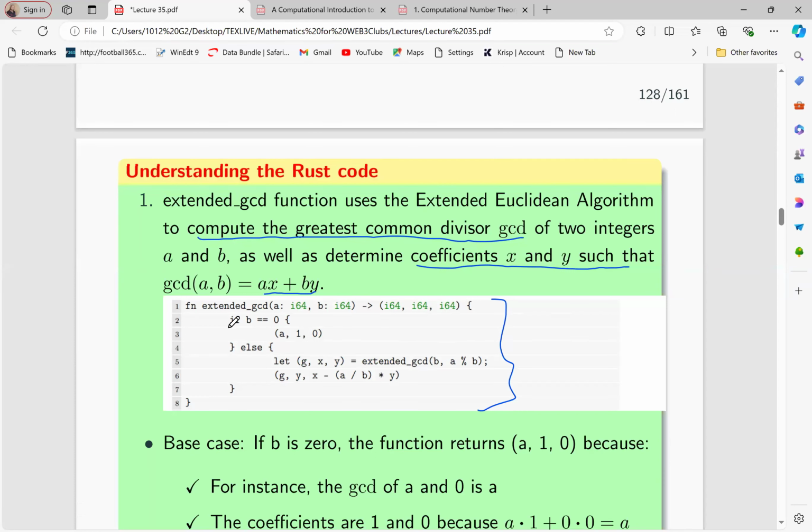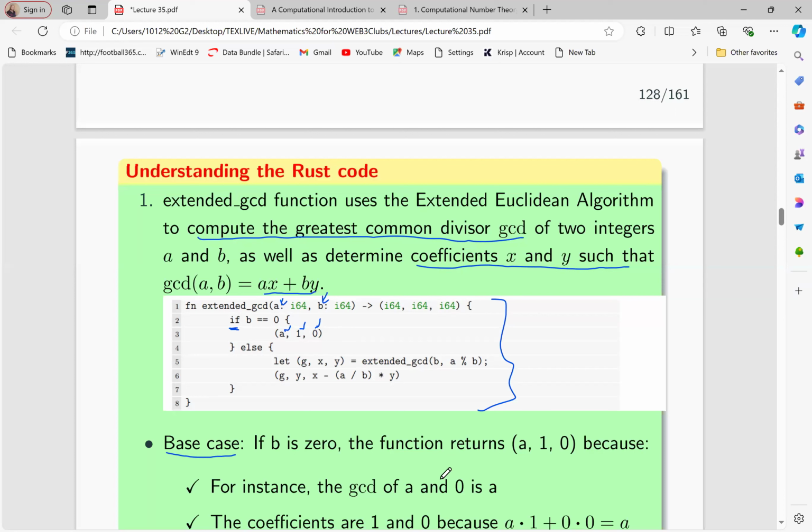But then it begins by saying, if B is 0, we had already explained that if B is 0, M becomes B, and then there is this A. So if B is 0, the GCD is A, and the coefficient of A is 1, so X is 1 and Y is 0. That's what I've written here as the best case.